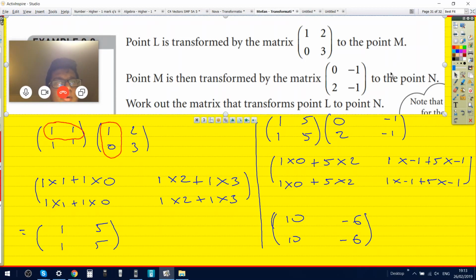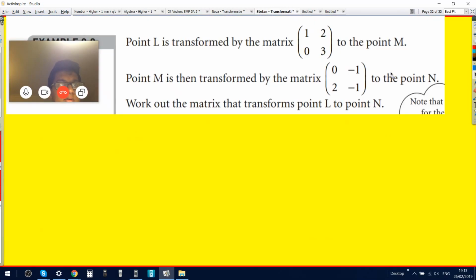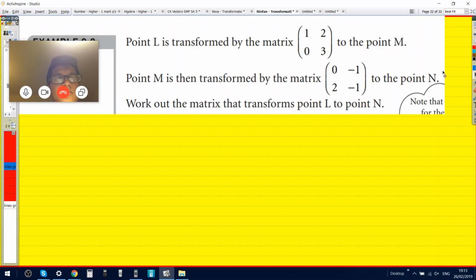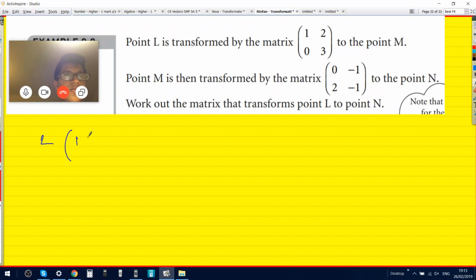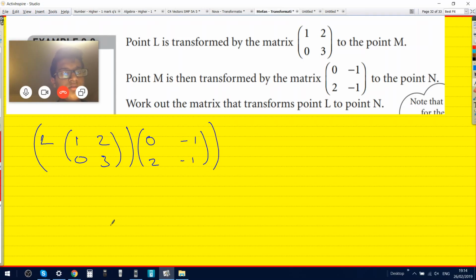So I think a simpler way would be, I suppose, if I start with the identity matrix, but you can imagine I just start with something, let's say L. L is transformed by 1, 2, 0, 3, and then that answer is transformed by 0, -1, 2, -1. And so how would you figure out what L is transformed by?